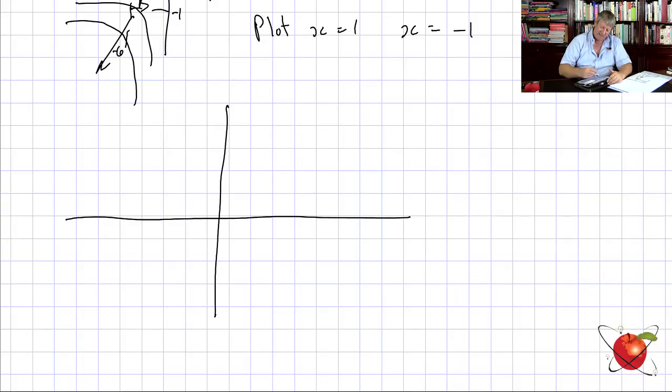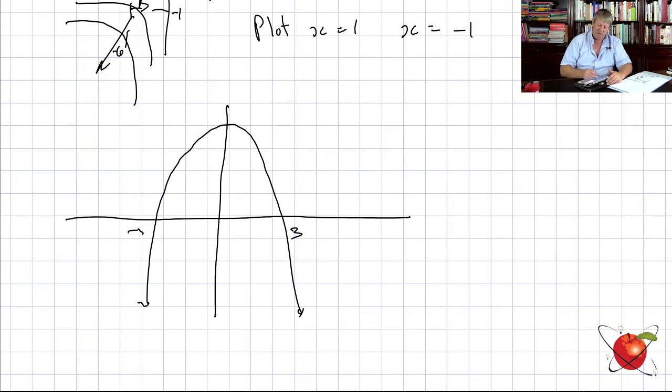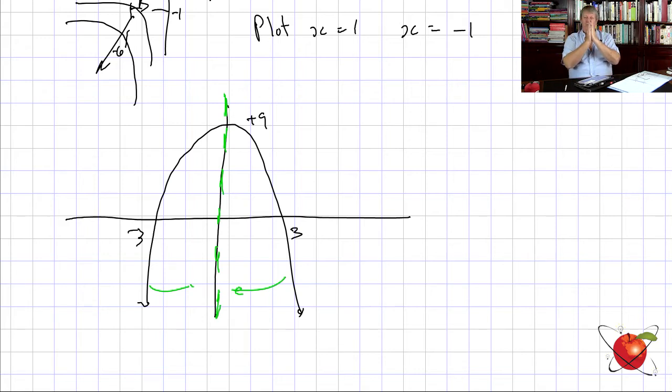So if I had, let us say we have this guy here, all right, and let's say that's 3, minus 3 and plus 9, okay. Now can you see that if we take this line here, let's just have a look, green, and if we took it as a piece of paper and we fold it along that line like that, you can see that this half of the graph and this half of the graph will overlap each other, won't they?